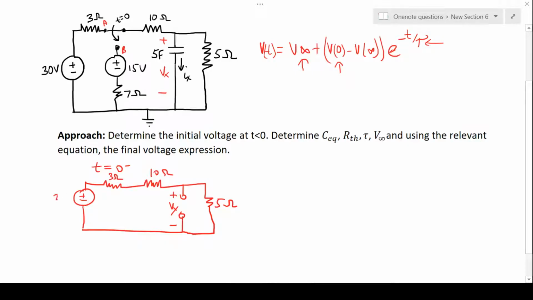So we have 30 volts dropping over the 3 ohm, the 10 ohm, and the 5 ohm, and this part of the circuit won't be present. So Vx must then give us 5 over 5 plus 10 plus 3, all multiplied by 30.